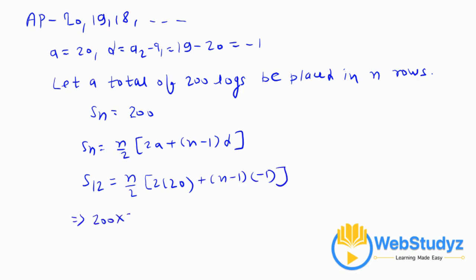So 200 into 2 is equal to n into 40 plus 1 minus n. So this will be 400 is equal to 41n minus n square. From this we can write n square minus 41n plus 400 is equal to 0.